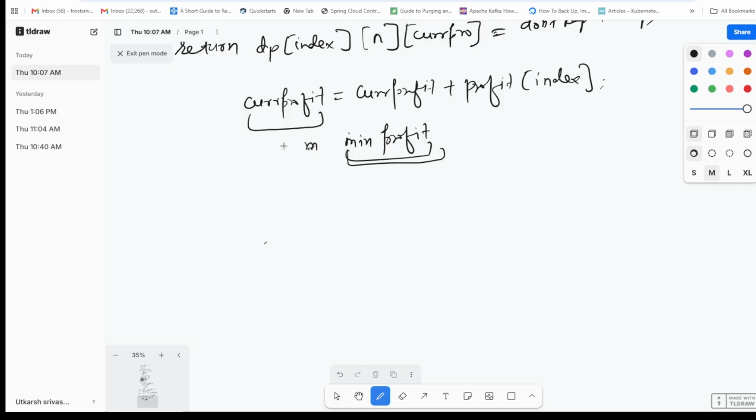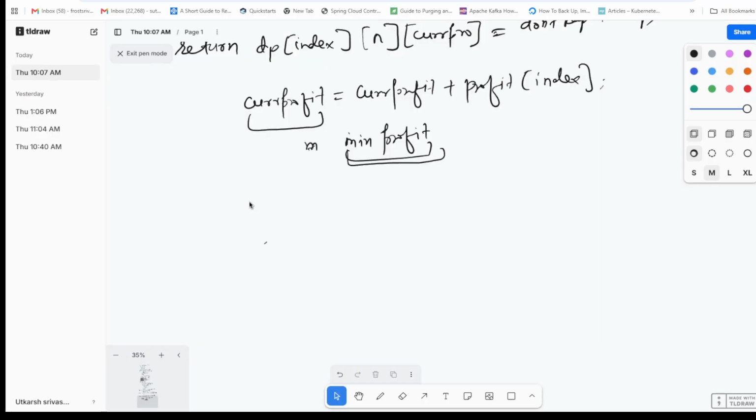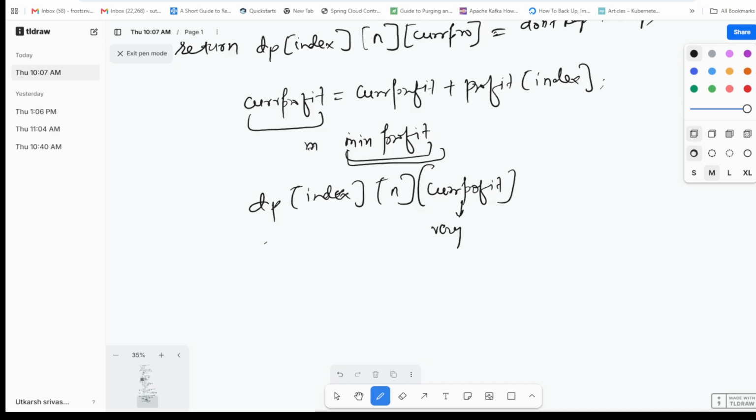If we are parallelly calculating current profit plus profit of index, and in our question the profit of i can be from 0 to 100, then if we keep on adding this, our DP state will be very, very large. When we make this DP array, one dimension will be for index, another for number of persons, and another for current profit, so this will be very large.